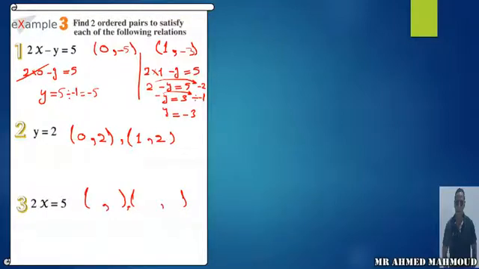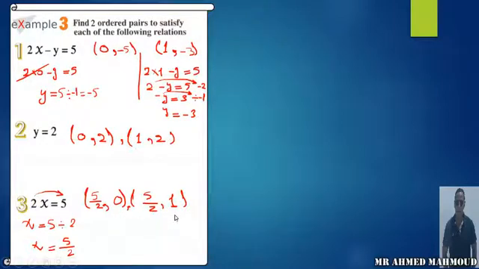In place of x, x equals 5 over 2, since 2 goes to the other side by division. Here x equals 5 over 2, and here 5 over 2. But in y, you can write any number. I will write 0 here and 1 here, and these two ordered pairs satisfy the relation 2x equals 5.